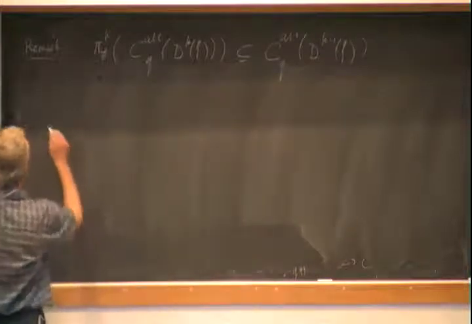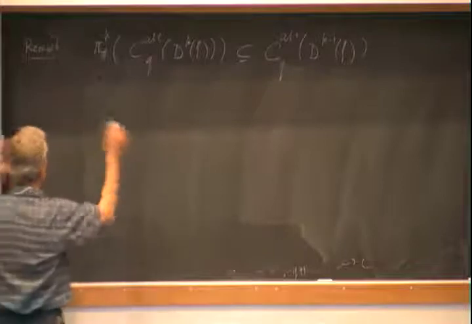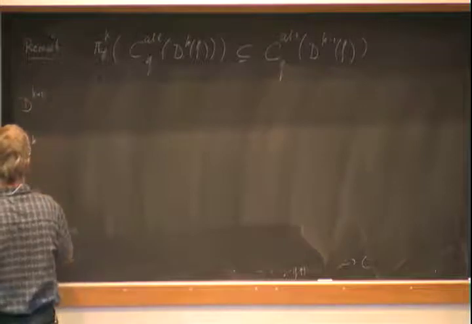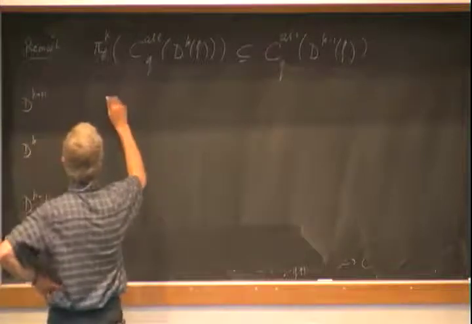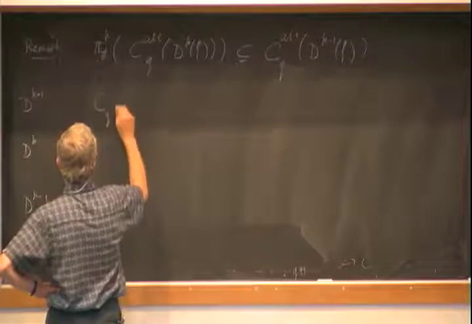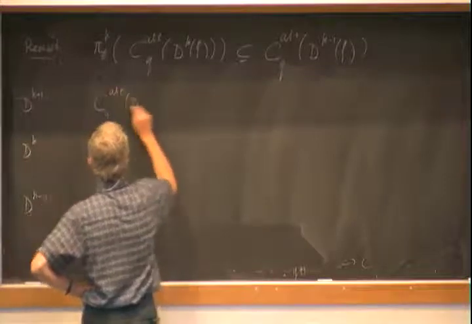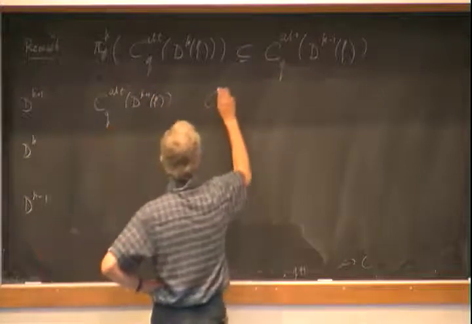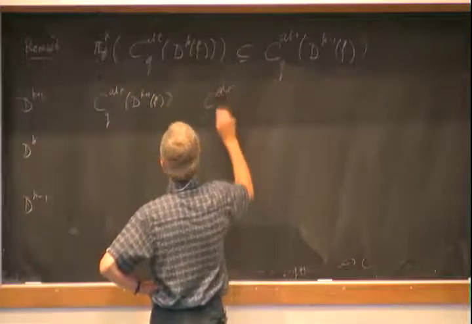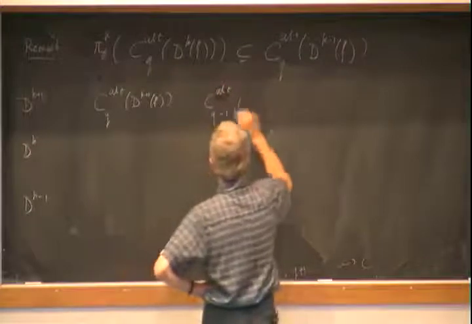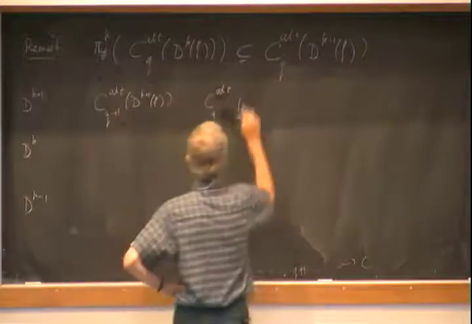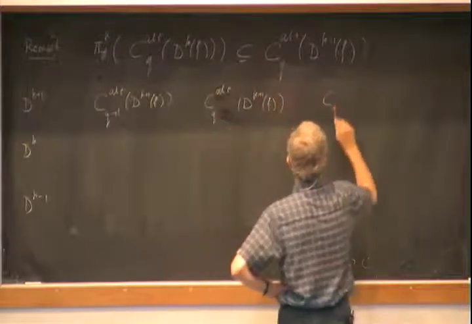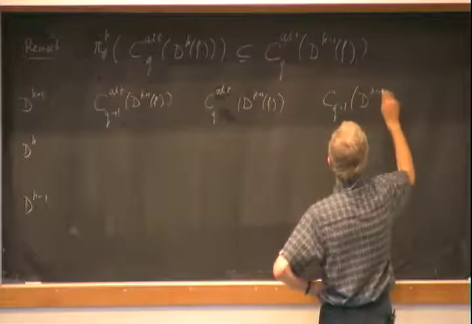Okay, so now we have this following very beautiful situation. I take CQ plus 1 alt of dk f, CQ plus 1 alt of dk minus 1 f, CQ alt dk plus 1 f, CQ minus 1 dk plus 1 of f, and so on.